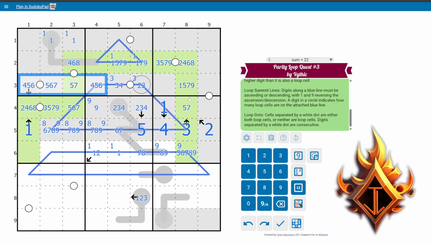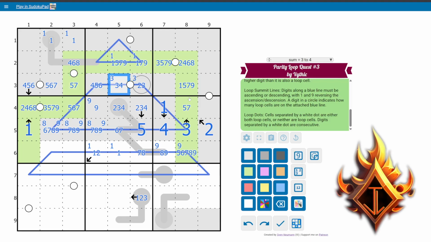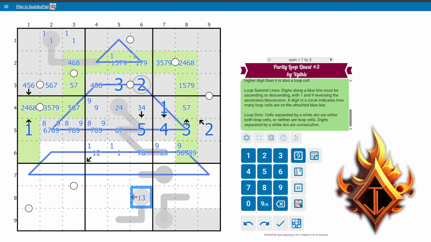And that makes 4, 5, 6, 7, leaving 3, 2. Now we're at 3 or 4 on there.